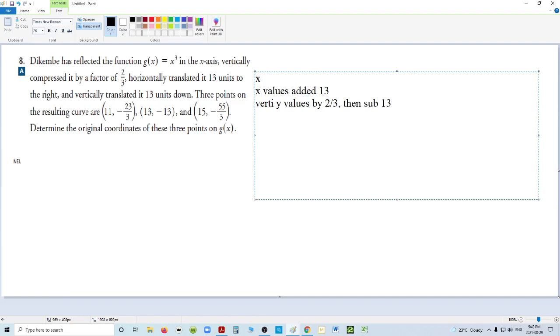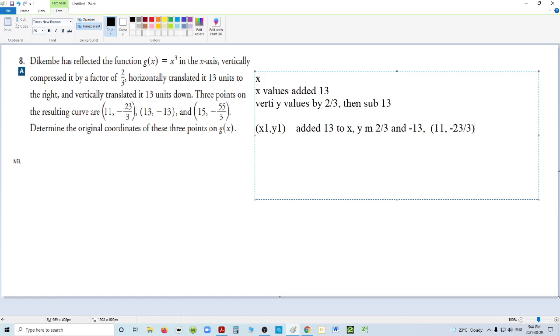And he ended up with these points. So he had mysterious x1, y1, and when he added 13 to x and multiplied y by 2/3, and subtracted 13, he ended up with 11 and negative 23 thirds.